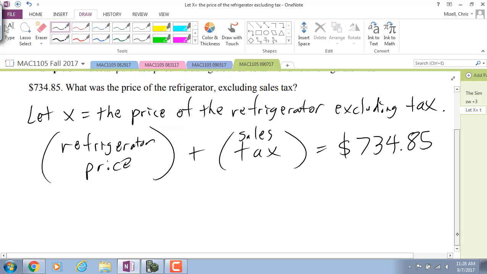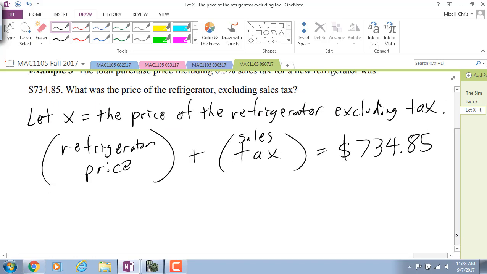We can calculate the sales tax by multiplying the refrigerator's price by 0.065.